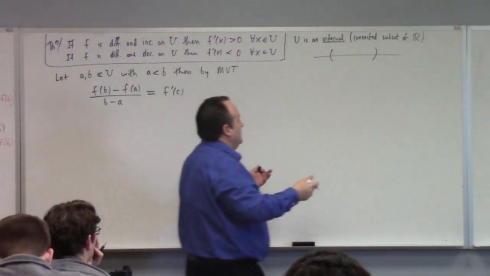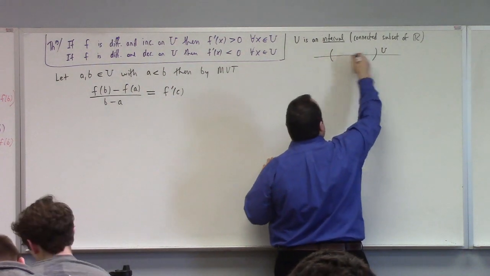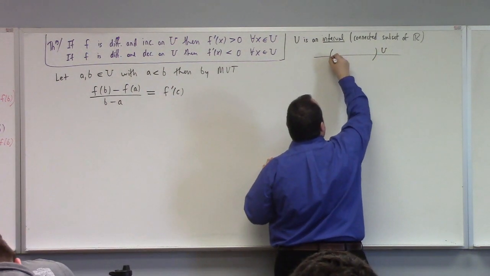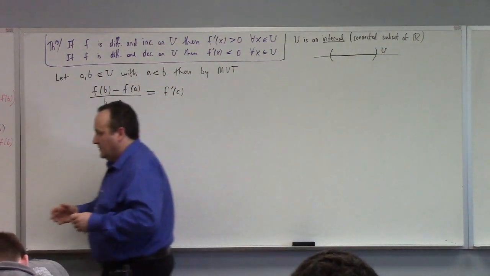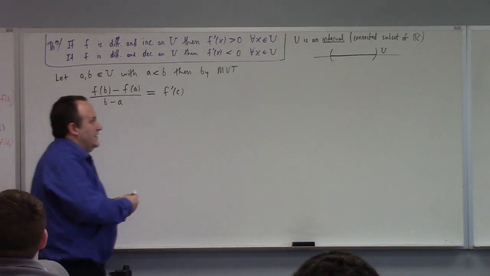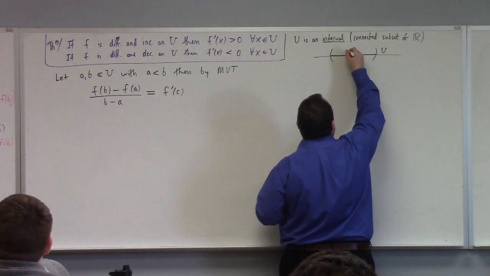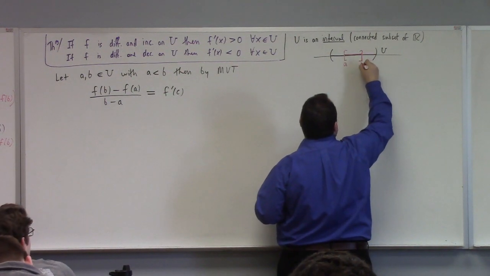Anyway, that's my mental picture of U. So it's something like this. It could have closed endpoints, but here's U, that set of points. And the A and B give you a little subinterval inside U, and on that subinterval is where we're applying the mean value theorem, okay? Like there.